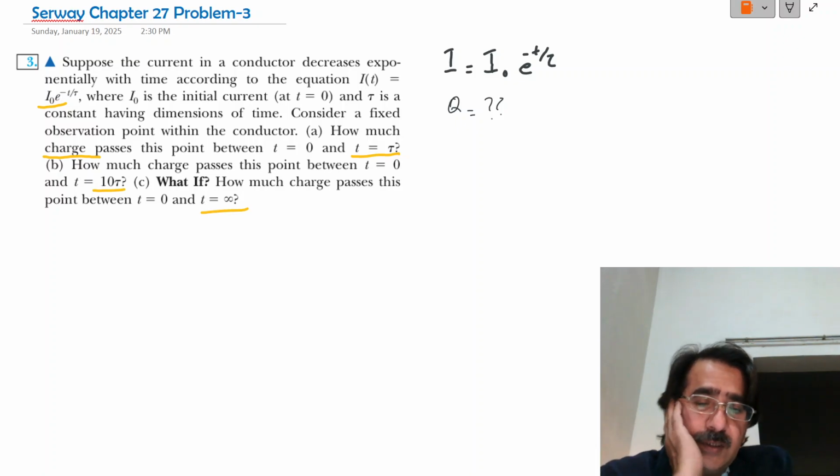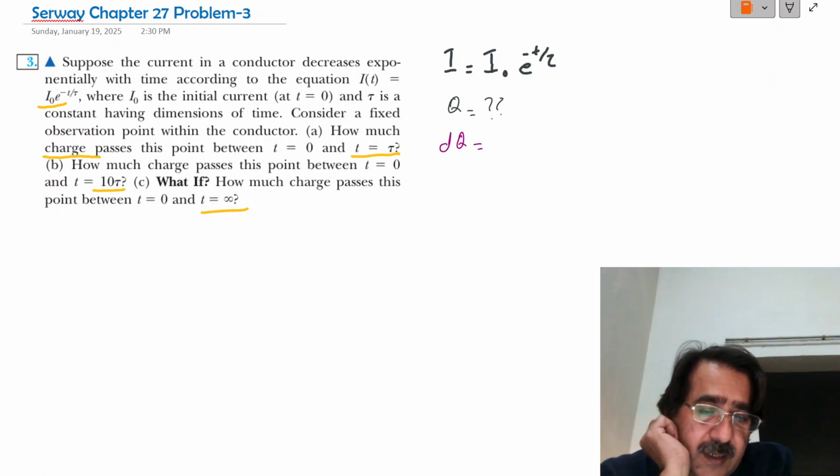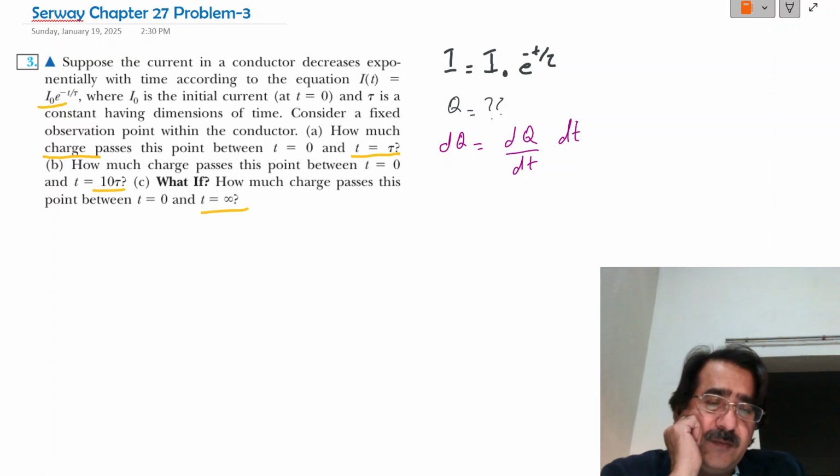As we know, this charge dq may be written in this way, because when we multiply or divide any quantity by the same thing, the quantity remains the same.